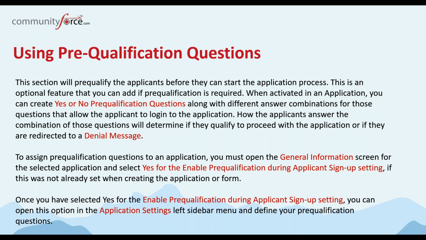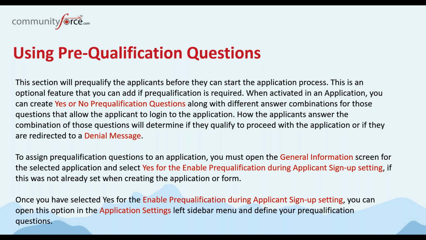In that denial message, more than likely, you'll explain to them why they weren't eligible to apply, and that if they had any questions, who to contact. So first of all, one of the first things you want to do if you are using pre-qualification questions is determine when you want your applicants to get those questions.